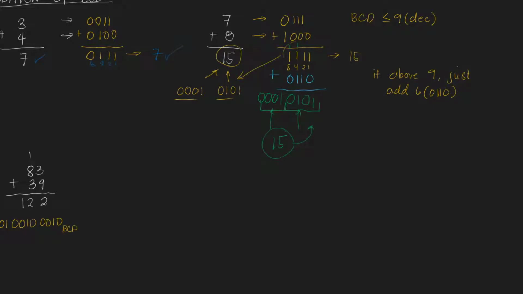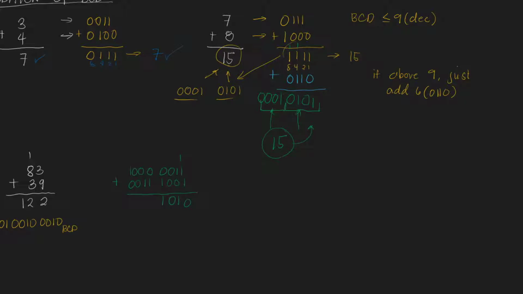So you can notice that if we proceed with the BCD of each number, that is 83, what is 8? That is 1, 0, 0, 0. And what is 3? That is 0, 0, 1, 1. And then this is 0, 0, 1, 1. And how about 9? That is 1, 0, 0, 1. Then we add this when we do the addition. That is 0, carry 1, then 0, then 1.